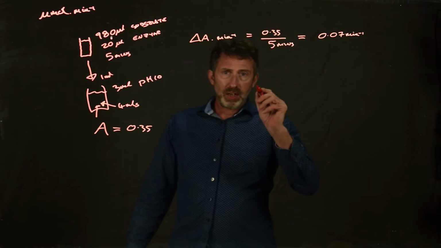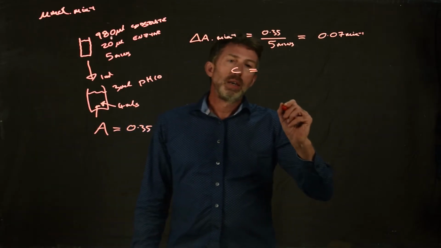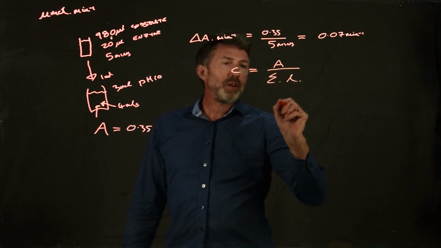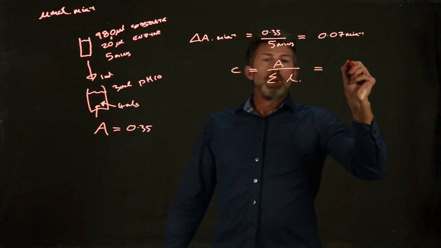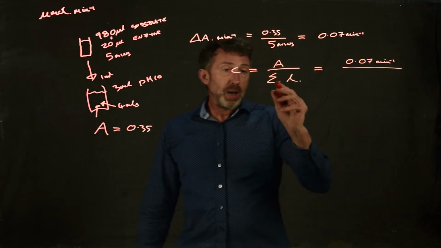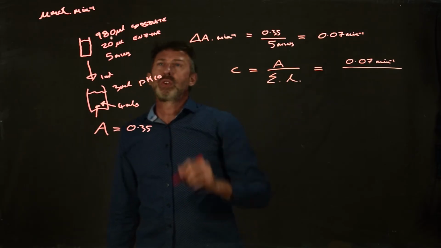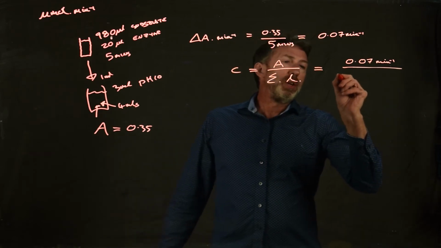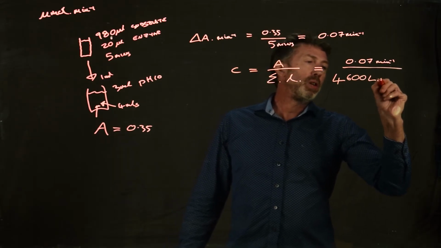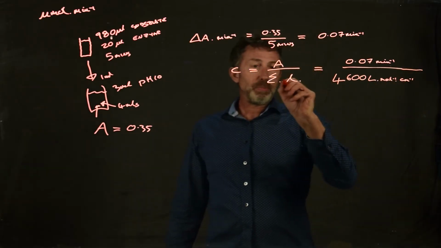So the Beer-Lambert Law says that A is equal to epsilon C L, so C, the concentration, is equal to the absorbance divided by the absorption coefficient times the path length, which is equal to 0.07 per minute, divided by, well, if the enzyme was beta-galactosidase, and the substrate was ONPG, we'll say that the absorption coefficient is 4600 liters moles to the -1 centimeters to the -1, multiplied by the path length.